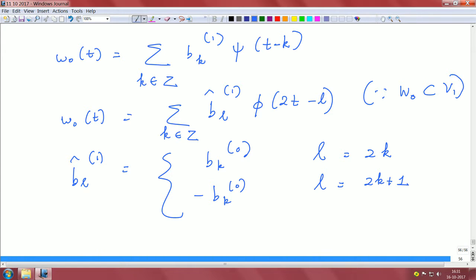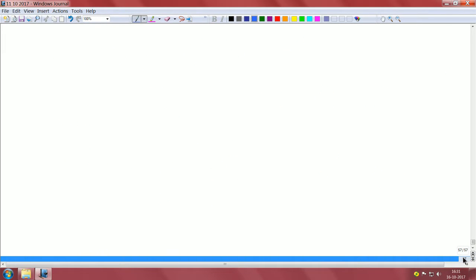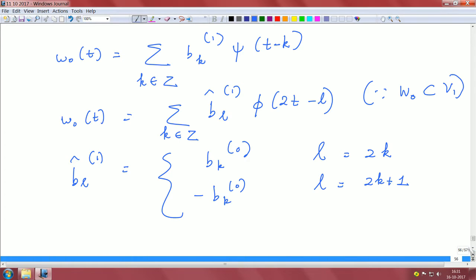I think this is what we land up with, right, because if it is even, this is b k 0, if it is odd it is minus. Now, let us designate this equation as 2c.